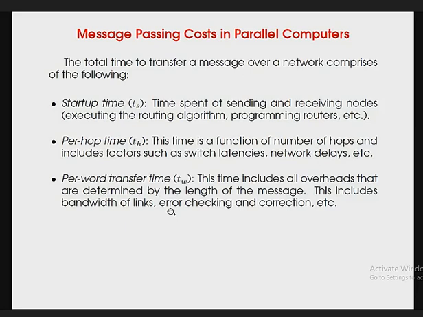Then the third principal parameter for latency we are considering is the per word transfer time. So this time includes all overhead that is determined by the length of the message. Okay. Now in the startup time, for each message, say if there are some number of messages you are going to transfer, for every message you are preparing, some overhead is added: routing information, then the header, trailer, and the error correction code, the error correction information you add to each and every message.